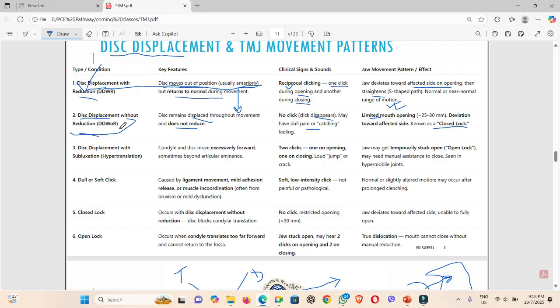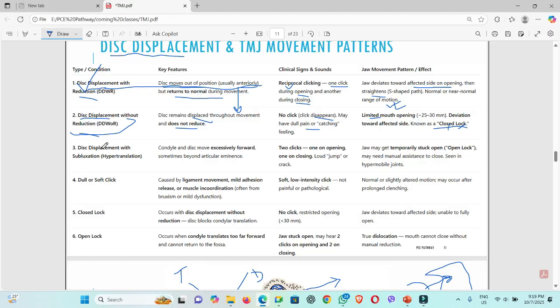That means no clicking. No clicking means limited mouth opening, because the condyle has to rotate and translate anteriorly. Both, right? Rotation is happening at the lower chamber, translation is happening at the upper chamber, right? So this is known as closed lock. Closed lock means the mouth is closed and is locked, right?